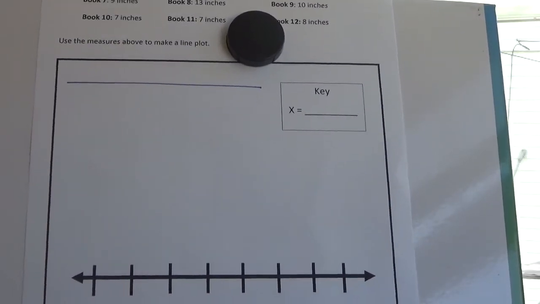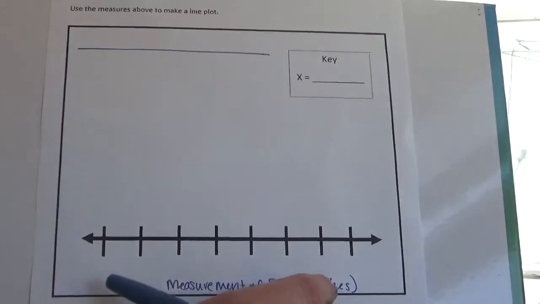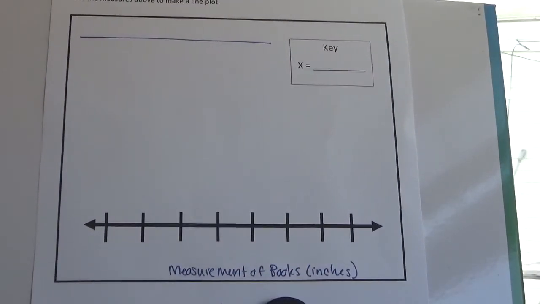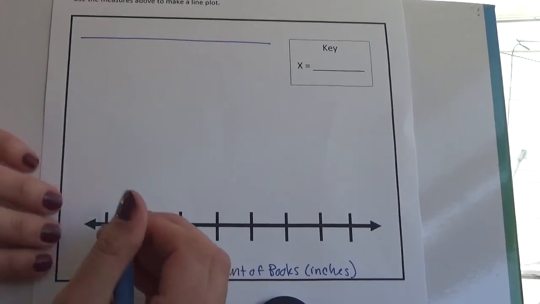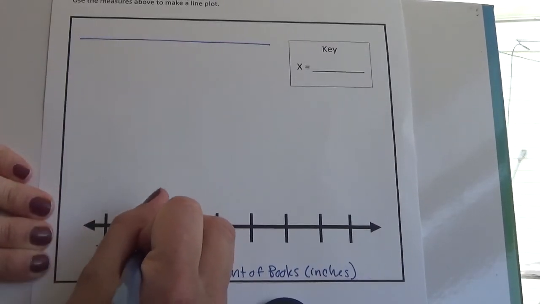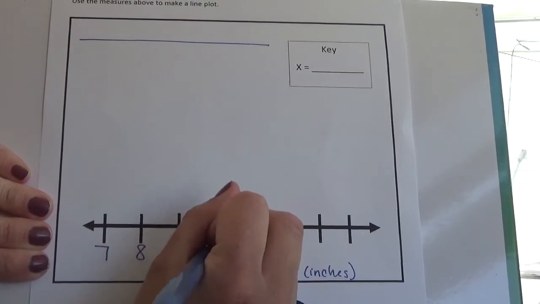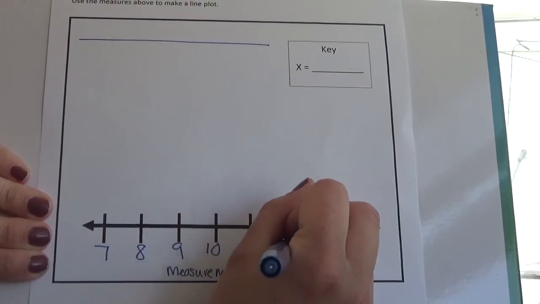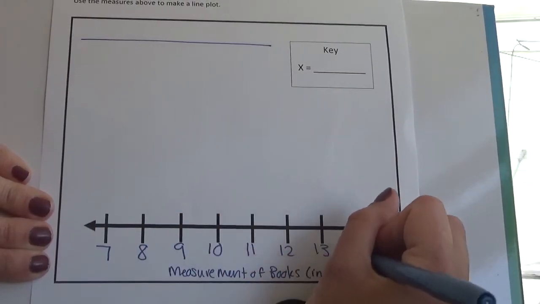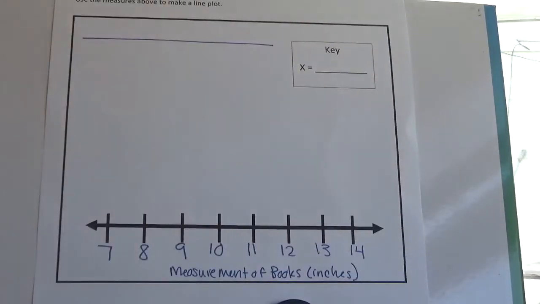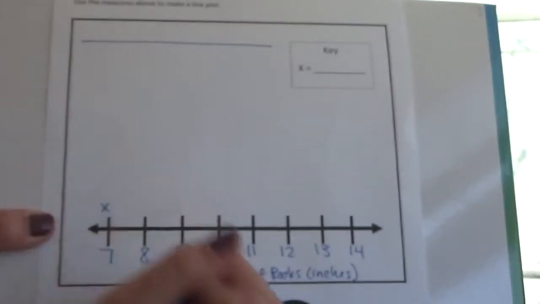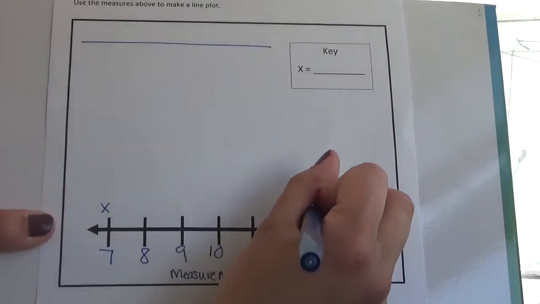We talked about how, oh, you can't see that, I'm sorry. We talked about how the smallest book measures in at 7 inches, so I'm going to start labeling here. 7, 8, 9, 10, 11, 12, 13, 14. Now I can get started in putting in my data. So book 1 is 7 inches. Book 2 is 13 inches.